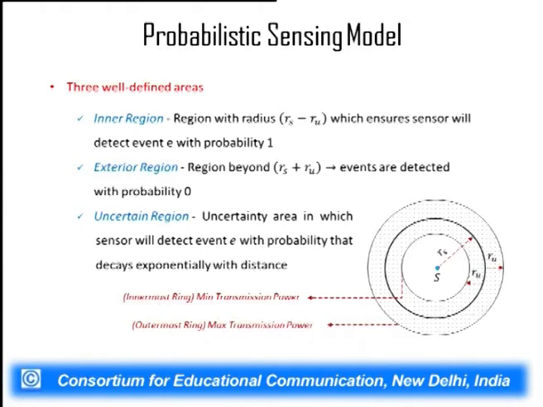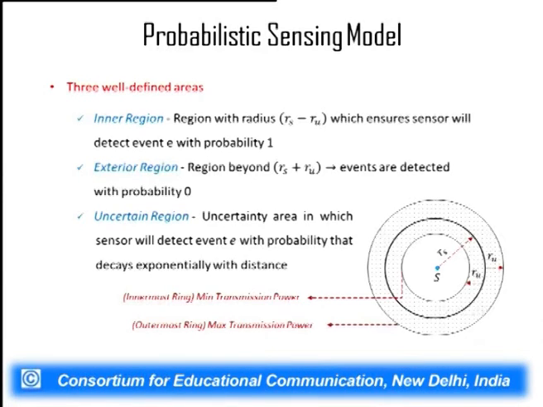This is the uncertain area, the radius of the uncertain area. In addition to the inner area, that is the region with radius RS minus RU, which ensures that whatever event happens in this area will be recorded with 100% probability, that is probability 1.